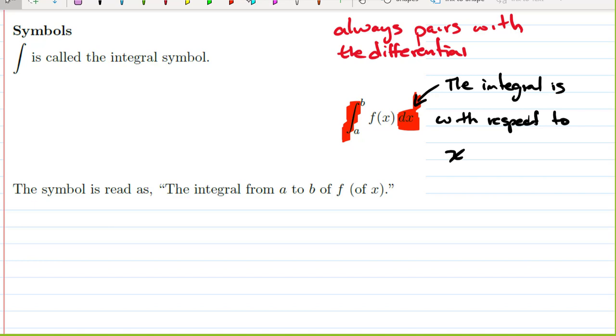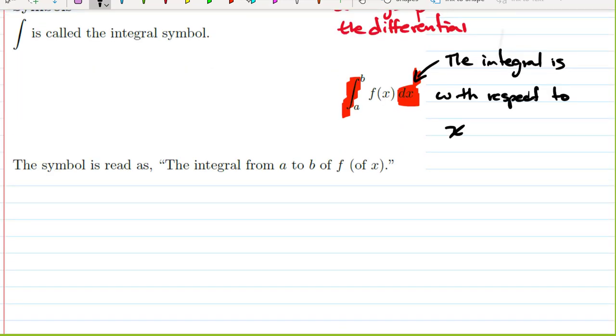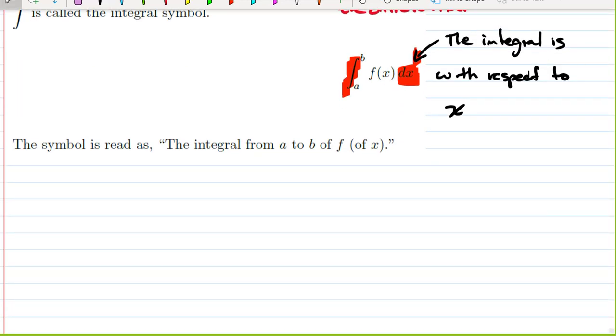Notice that the integral symbol is read in a very similar way to the summation symbol. The integral is read as the integral from a to b of f of x dx. The summation is read as the sum as i goes from 1 to n of f of x sub i star. So we read these in a very similar way because they are related.